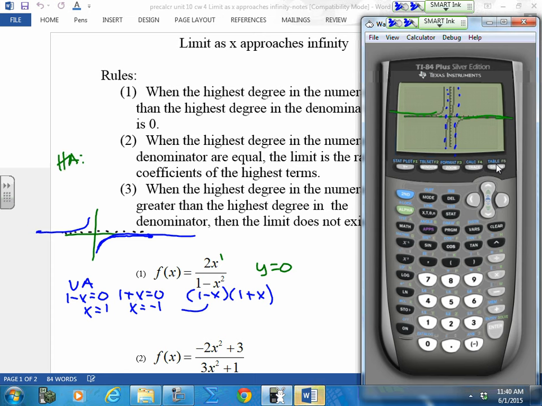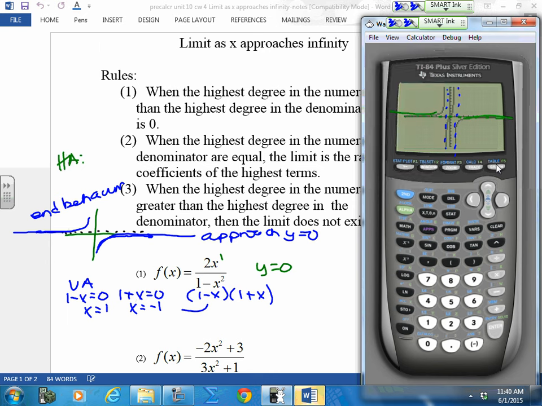It will get smaller and smaller. It will approach y equals 0. It will approach our horizontal asymptote. That's the thing that's guiding its end behavior. And if you remember back, we always talked about end behavior.